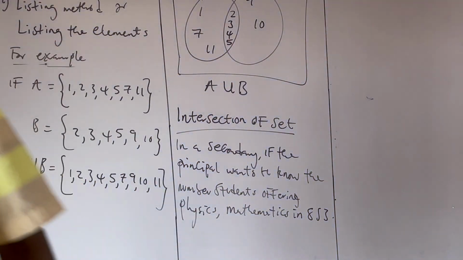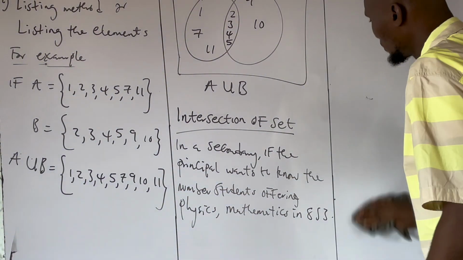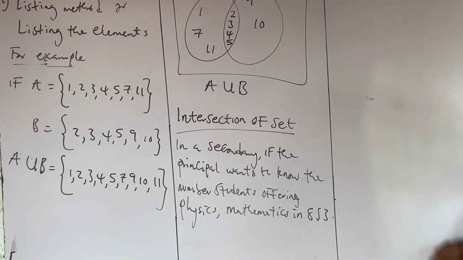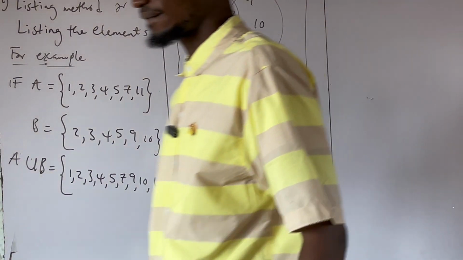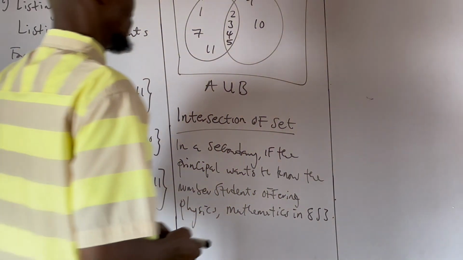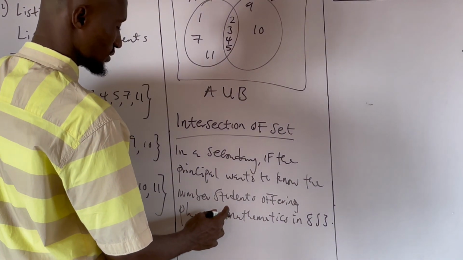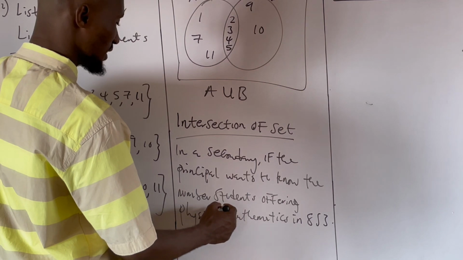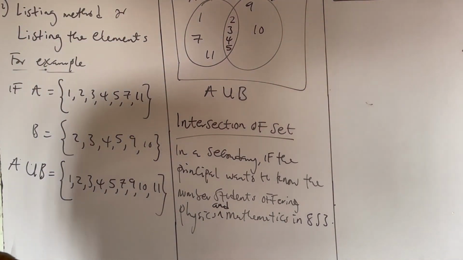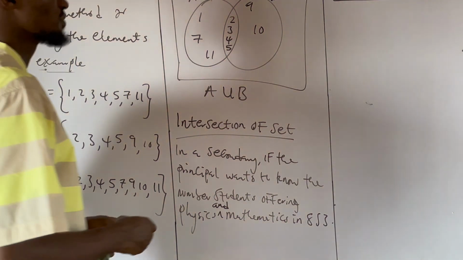So to find out the number of students offering physics and mathematics in SS3, what do we do?